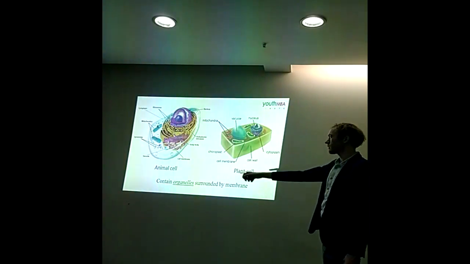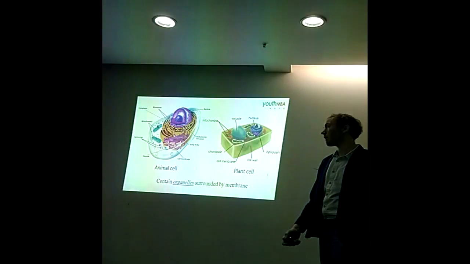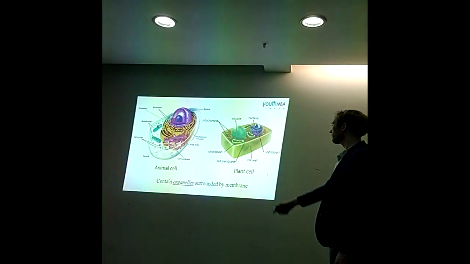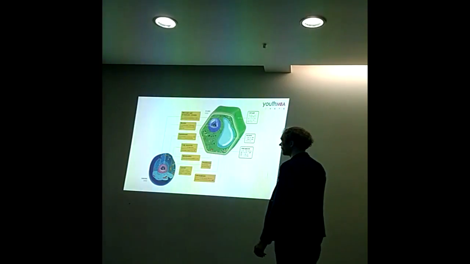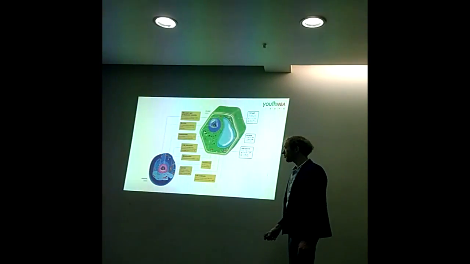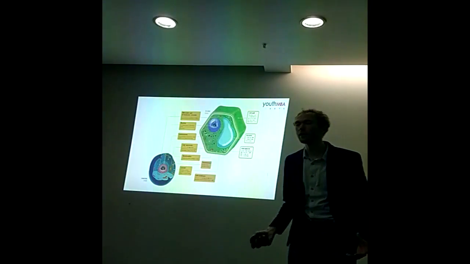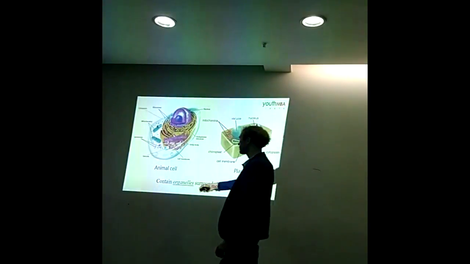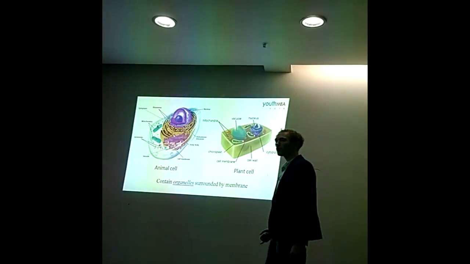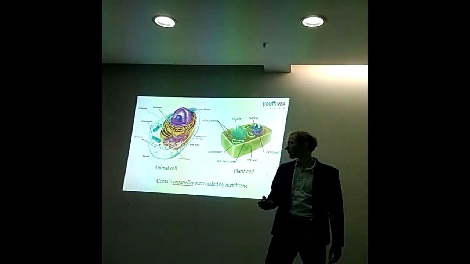And the sentence on the bottom says, certain organelles surrounded by membrane. The word membrane, yeah? So here we see names and short descriptions of things we can find inside the cell, as we call them organelles, like small tiny organs inside of the cell.